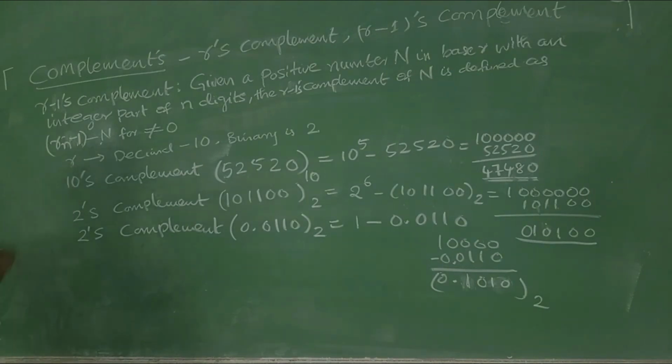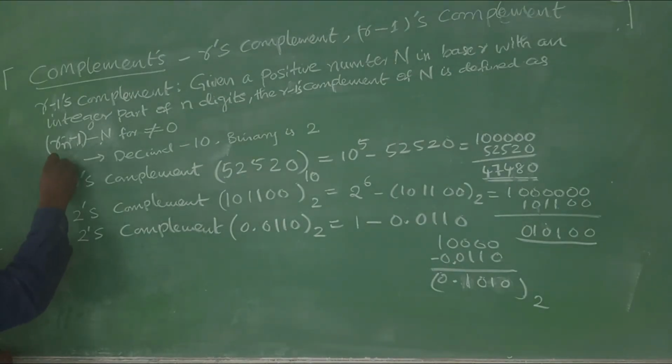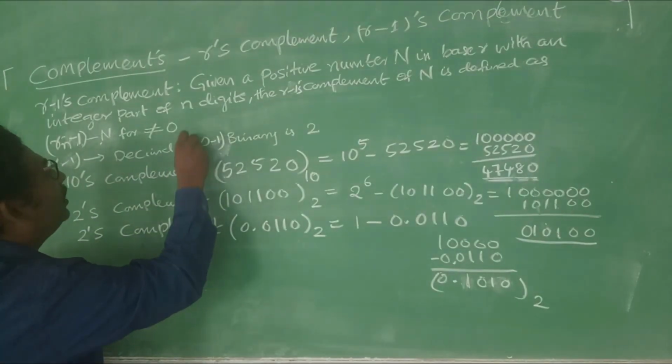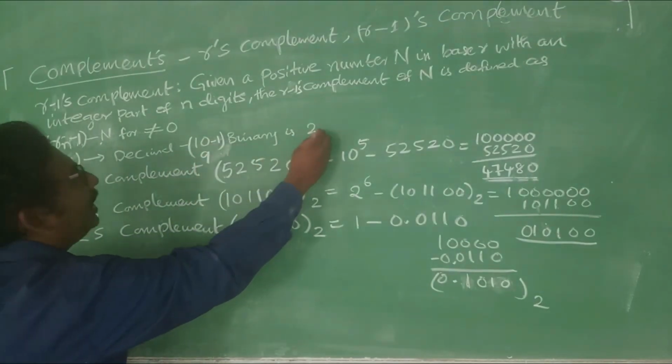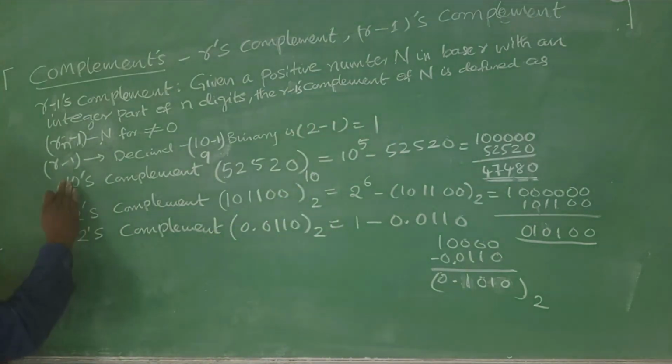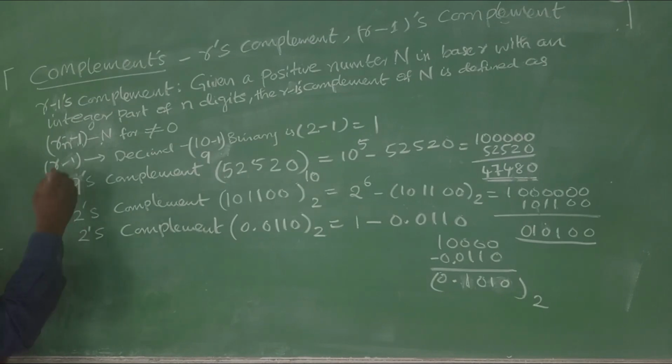For decimal, the value is 10 minus 1, that is 9. For binary, 2 minus 1 equals 1. So instead of 10's complement it becomes 9's complement, and here it becomes 1's complement.